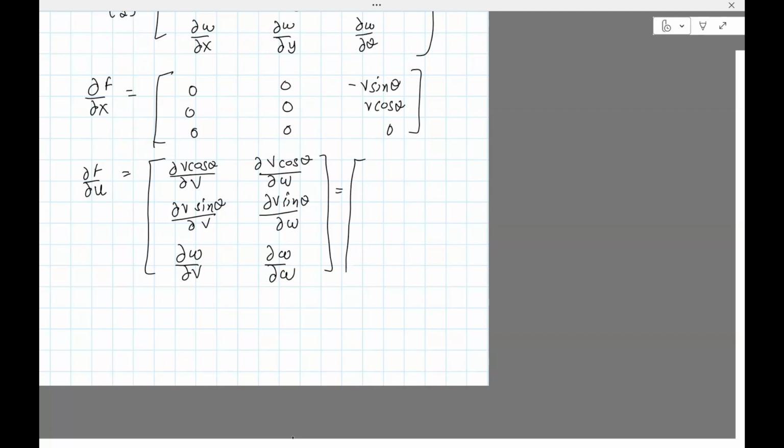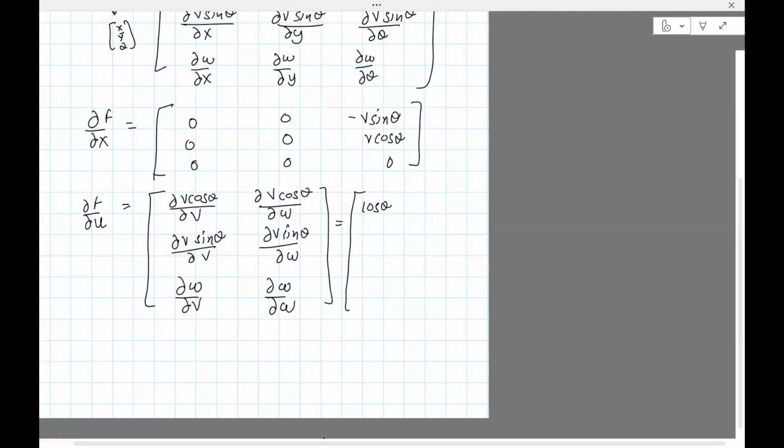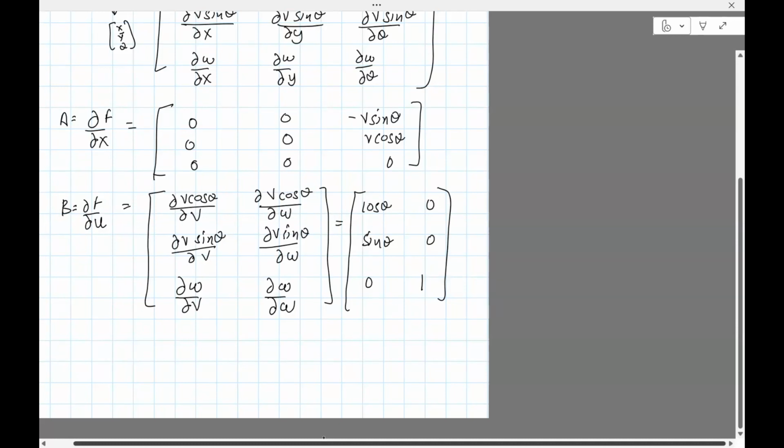Okay, so we can see that d(v cosine theta)/dv is cosine theta. V cosine theta with respect to omega is 0. V sine theta with respect to dv is sine theta. Next term is 0. This is 0. This is 1. So this is your A. This is your B.